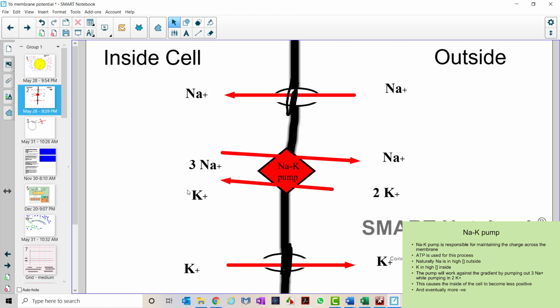In biochemistry, once upon a time, we learned about the antiport nature of this particular pump. This requires energy. The cell is actively using energy to establish this potential. And you're thinking, okay, why? Why would the cell use all this energy to do this?